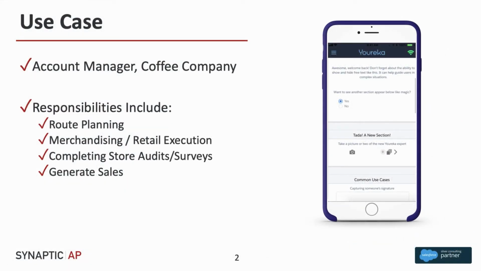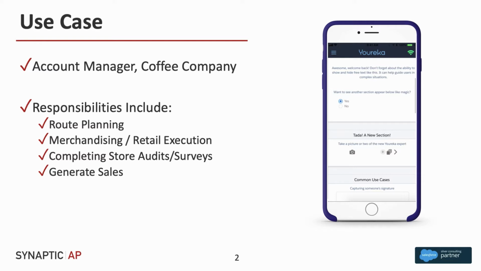So in this case, we're going to pretend as though I'm an account manager or an account executive that works for a coffee company. And this coffee company has products that are located at a variety of different grocery stores and other retail locations.